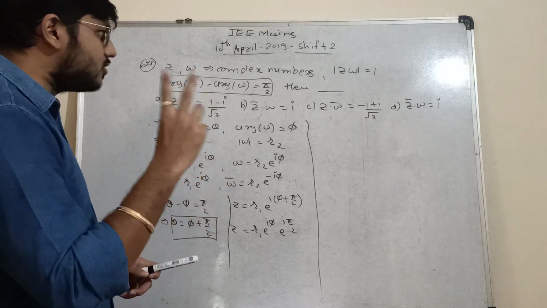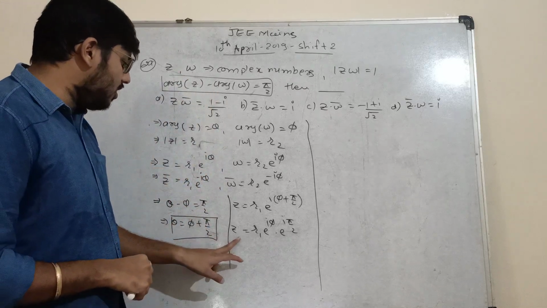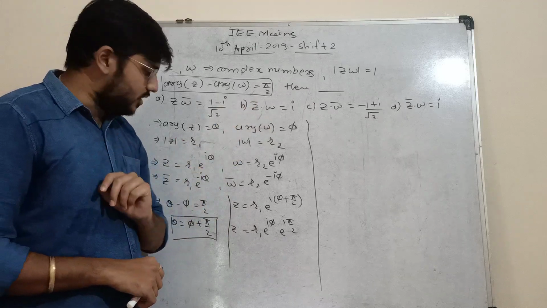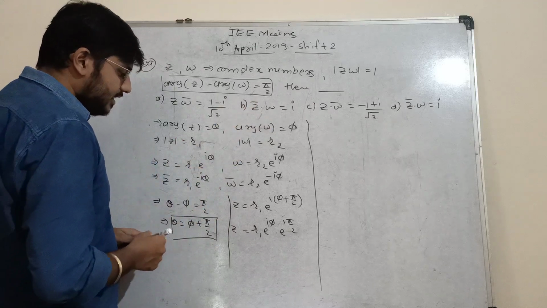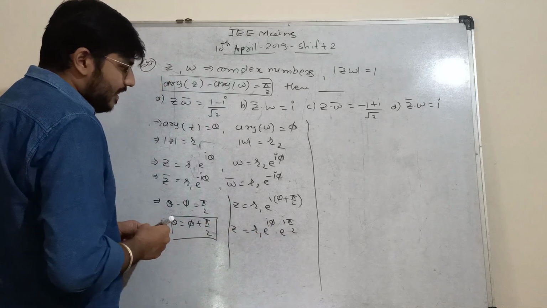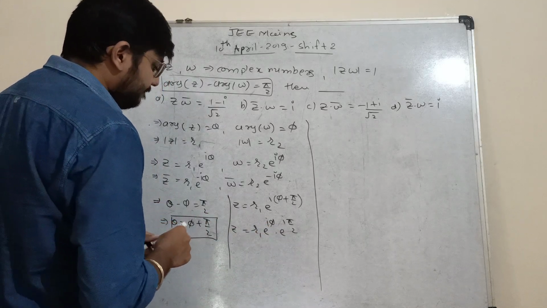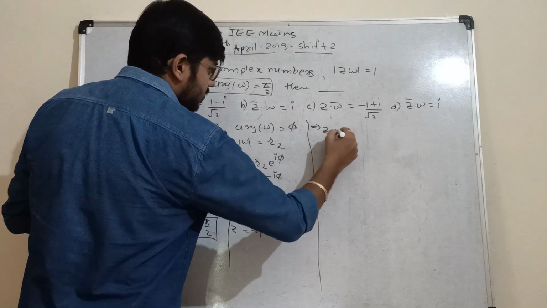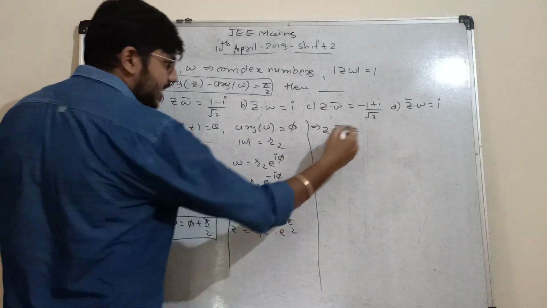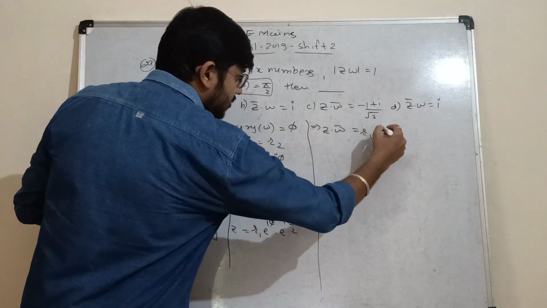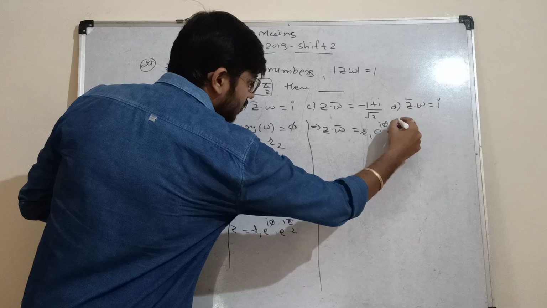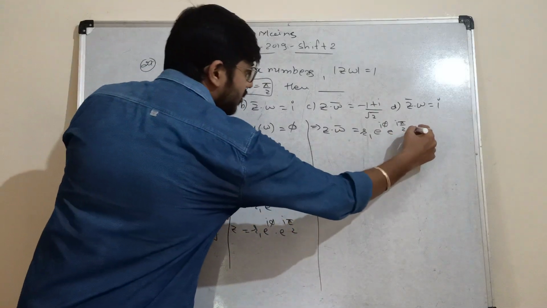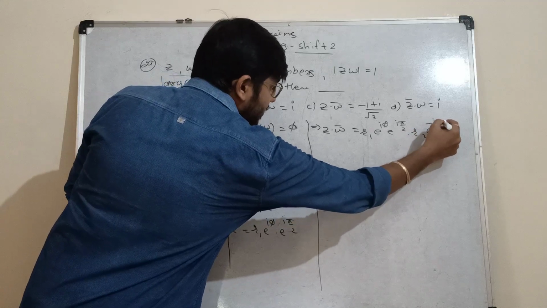Because I need to check two things: Z dot W bar and also Z bar dot W. So this is how we consider Z. Now if I multiply Z dot W bar, this is R1 e raised to i phi, e raised to i pi by 2, and W bar as R2 e raised to minus i phi.